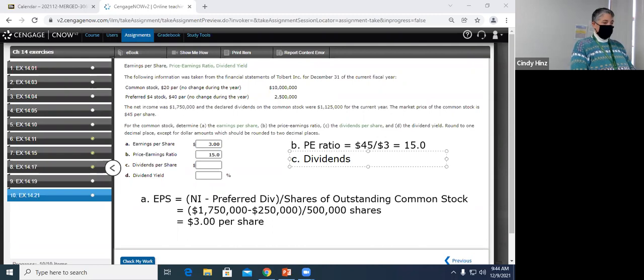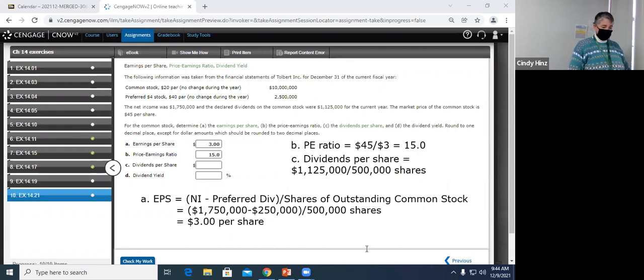Let's find our dividends per share. Our dividends were $1,125,000. So it's the total dividends divided by the number of common shares that we already calculated. We're told right here the dividends were 1,125,000.